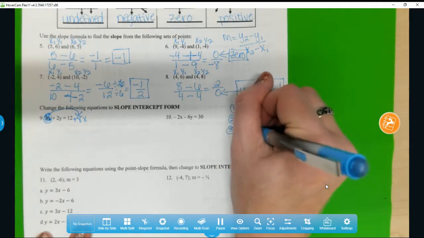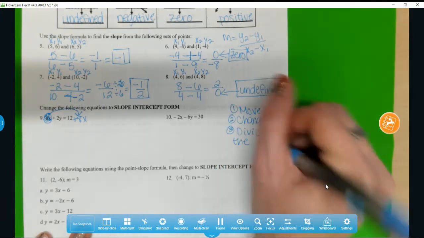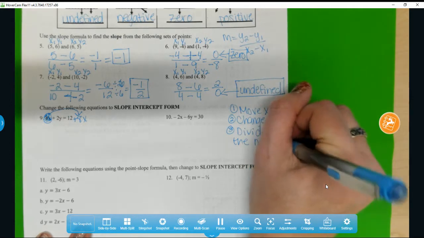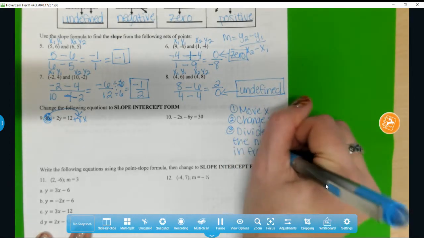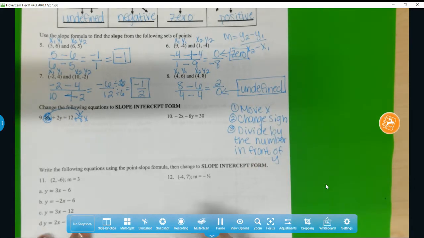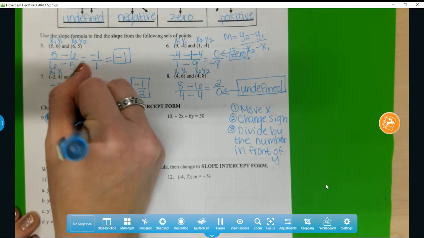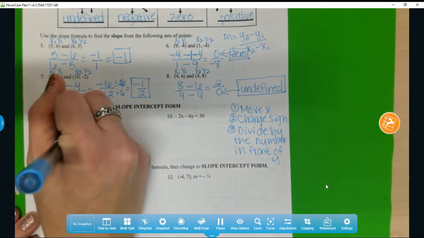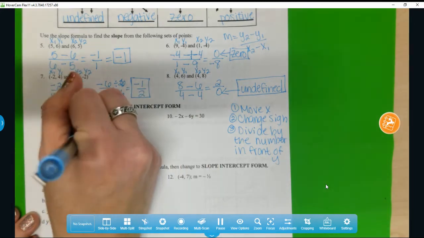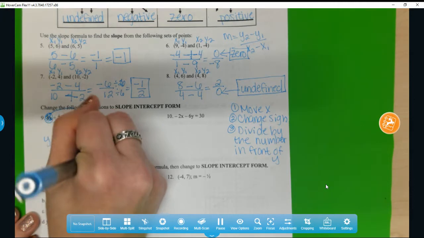Then we divide by the number in front of y. Okay, so then we're dividing everything by 2. So we have y equals 6 plus 8 divided by 2 is 4. So y equals 4x plus 6.